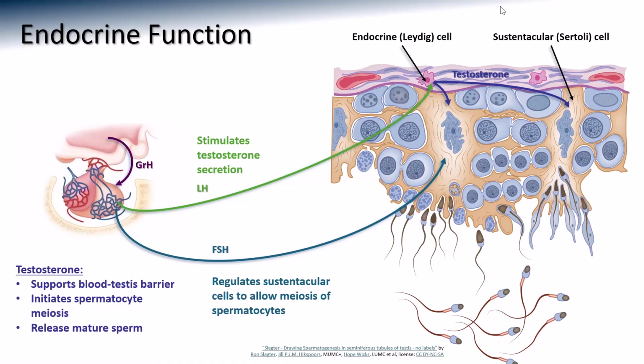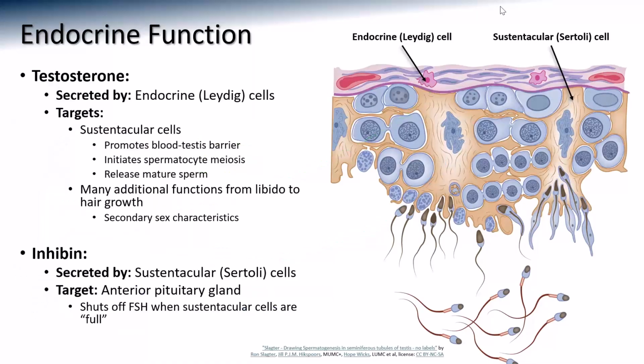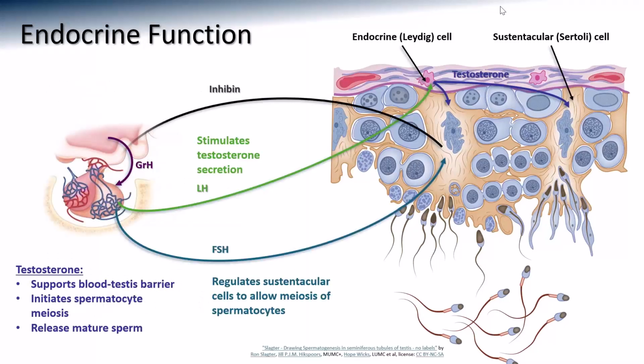They're going to keep that blood-testis barrier up, initiate meiosis, and release the sperm when they're all done with them. And when those sustentacular cells get full, they have their own little messenger in inhibin that they will secrete, and it is inhibin's job to shut the whole party down by turning off FSH secretion. And with that, we come full circle back to the beginning.